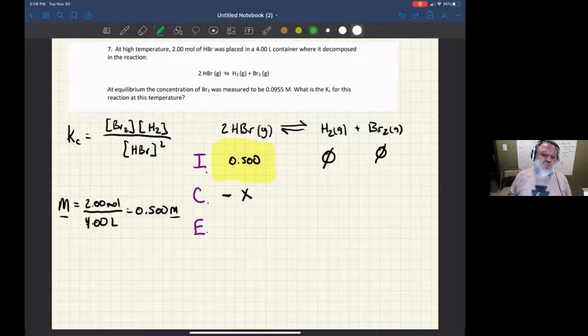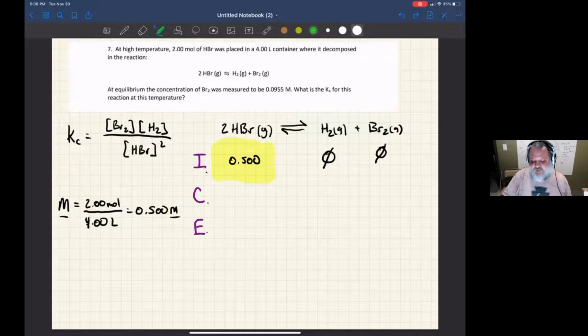Now, we want the change to be relatable in terms of the same variable X for each one of the different species involved in the equilibrium, so for HBr, for H2, and Br2. So we need to make sure that we consider it with the stoichiometric coefficients. If I want to use X, then I have to bring in the stoichiometric coefficient.